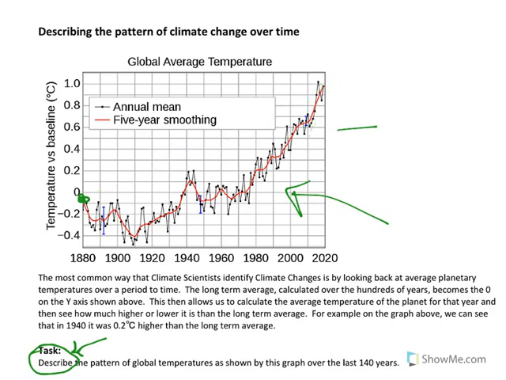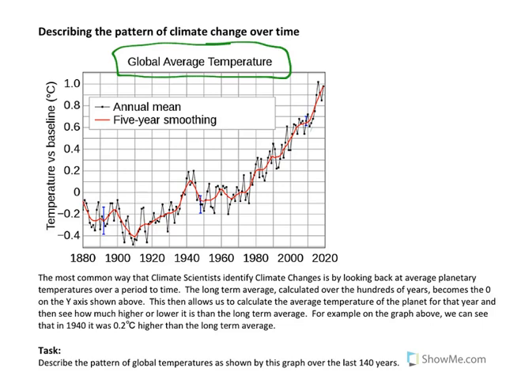So let's have a little look at how we would approach, at National 5 Geography, describing a pattern of change. First of all, we need to understand our graph, because you're looking at it and thinking, right, what's it showing? Well, my graph is showing the global average temperature from 1880 to the year 2020.